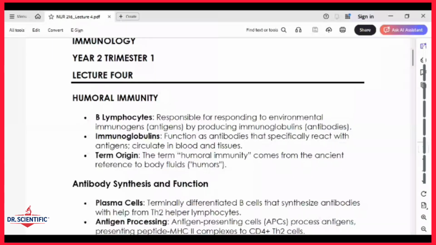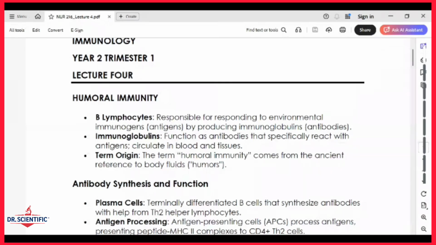All right. And then maybe just as a reminder, in terms of antigen presentation, if a virus infects a cell, and this virus, of course, is intracellular, where is it going to be presented?